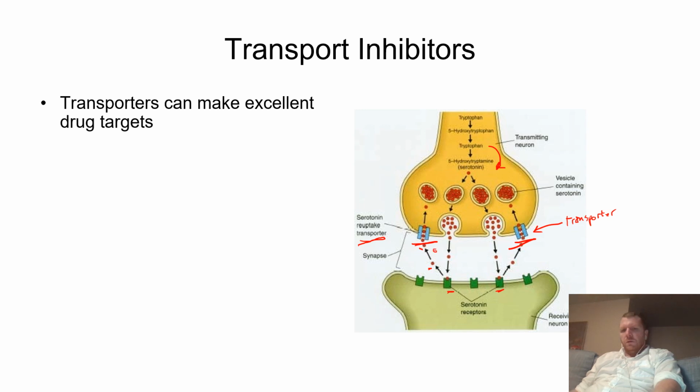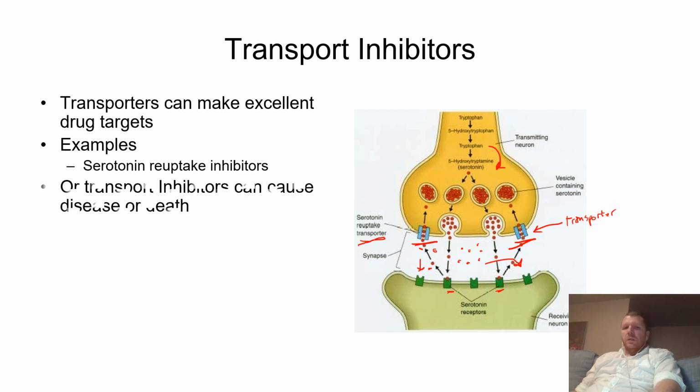Well, that serotonin ends up out here, in which case it can bind to these receptors, and you're basically saturating those receptors. Okay? Serotonin reuptake inhibitors are transporter proteins that are targeted for drugs, or that are generally going to be drug targets.